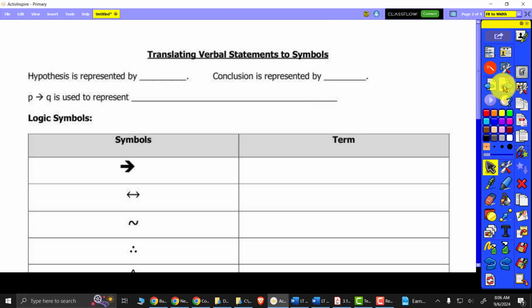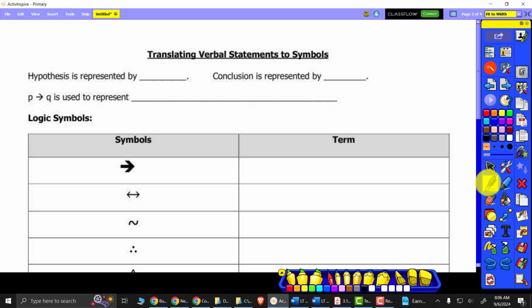Next, we are going to learn how to translate verbal statements to symbols. All right, so we usually use letters to represent your if-then statement.